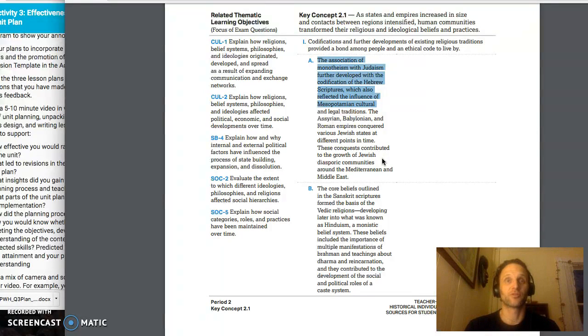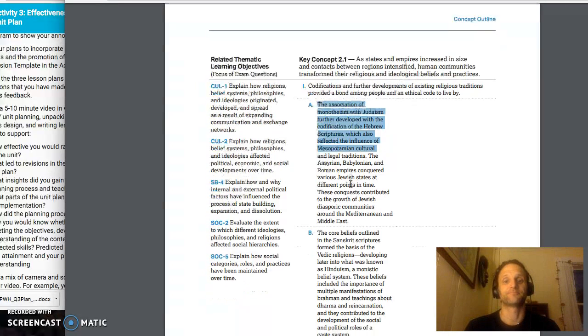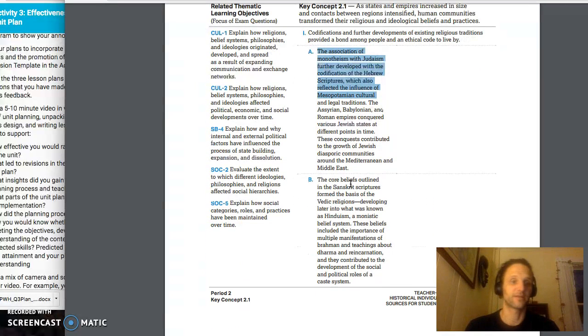We usually build unit plans around key concepts, which I demonstrated in my materials this unit and module.